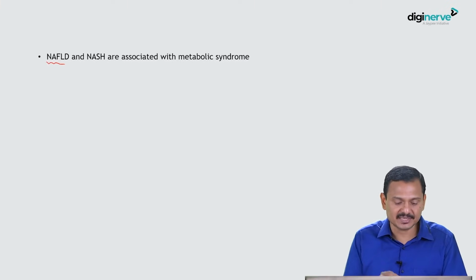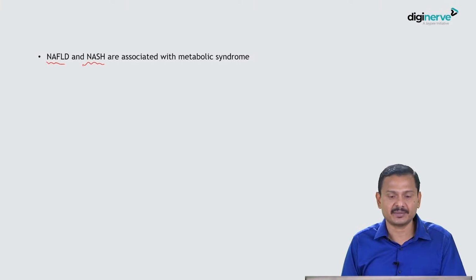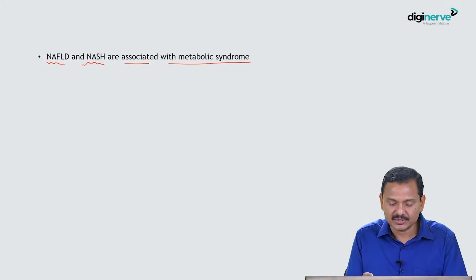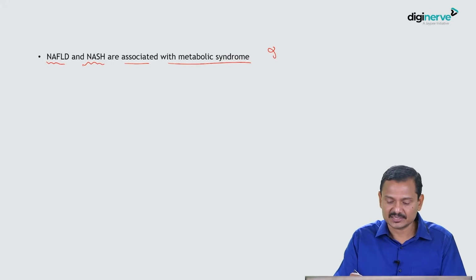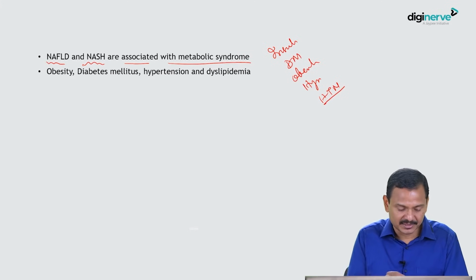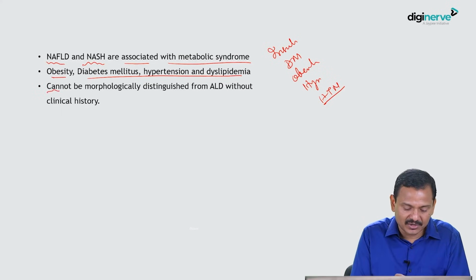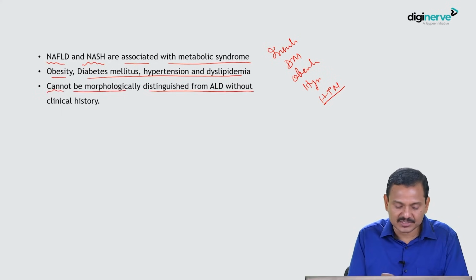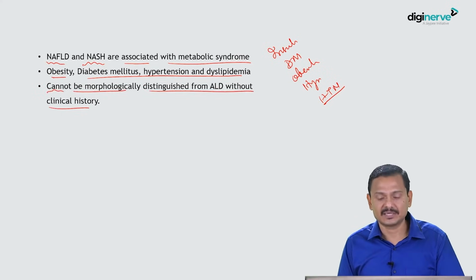Non-alcoholic fatty liver disease or non-alcoholic steatohepatitis are associated with metabolic syndrome, that is insulin resistance, diabetes mellitus, obesity, hyperlipidemia, and they can also be associated with hypertension. I have mentioned all these cannot be morphologically distinguished from ALD without clinical history.